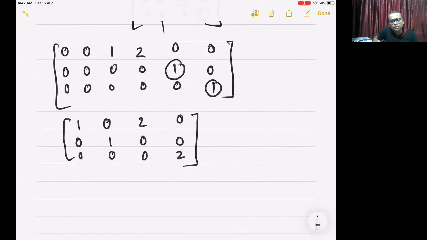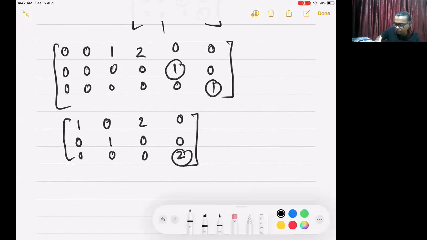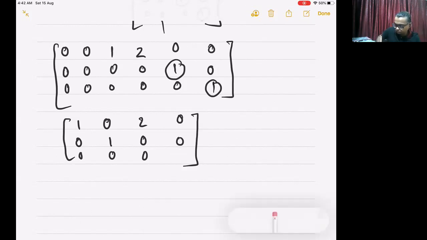This almost is row reduced, but there is one issue here, namely this is not a leading 1, it's a leading 2. So this is not row reduced. I have to make this guy 1 in order to have row reduced form. So this is a row reduced matrix. I hope you understand what row reduced matrices are.